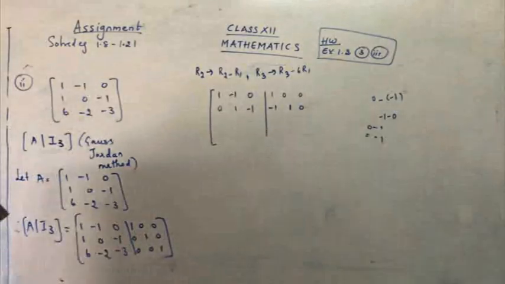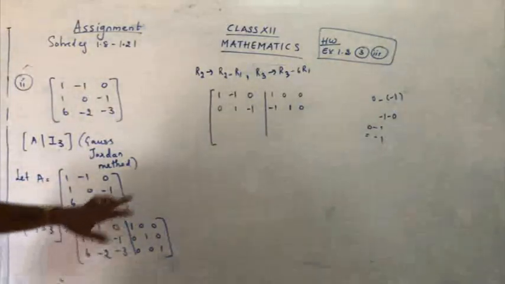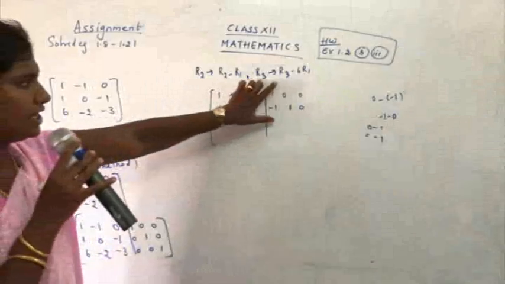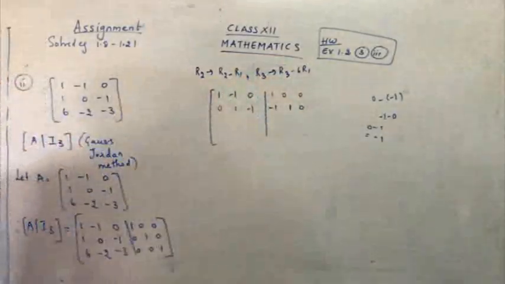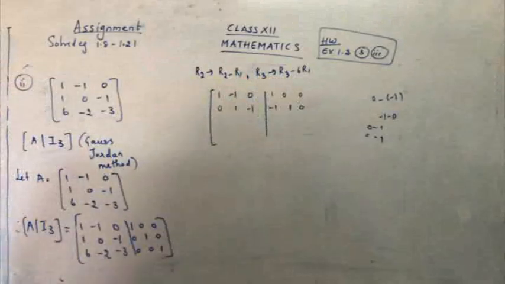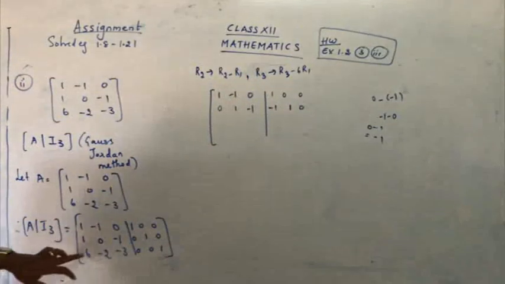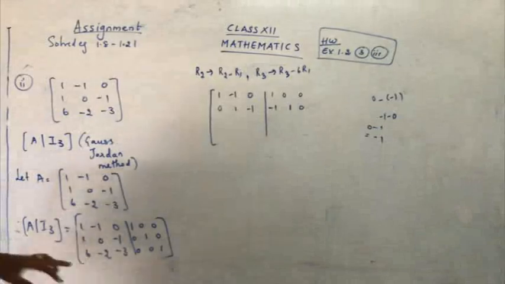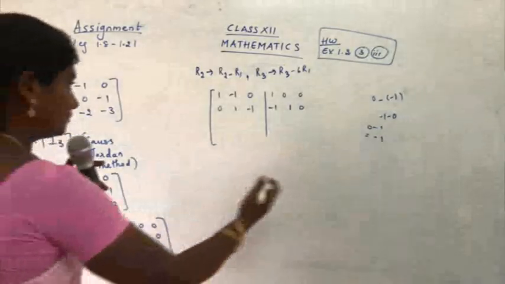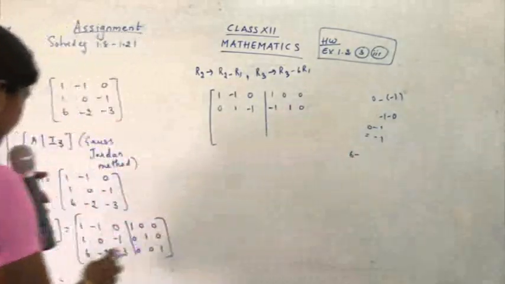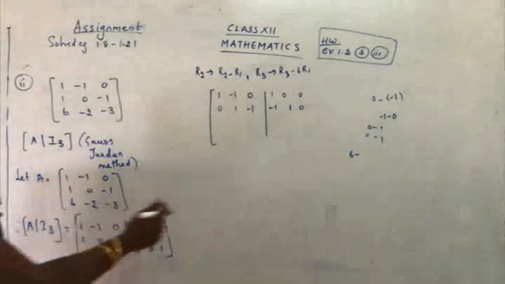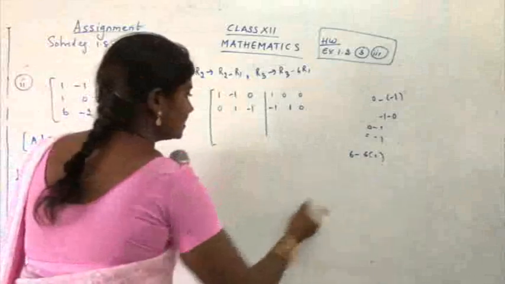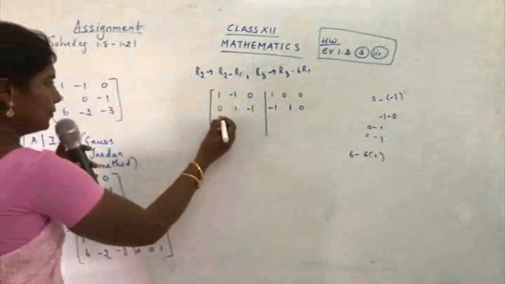Coming to the third row. What's the third row? The third row is changing to R3 minus 6R1. When R3 changes to R3 minus 6R1, let's write the answer over here. So it's 6 minus 6R1, 6 times R1. So 6 into 1, 6 minus 6 is 0.